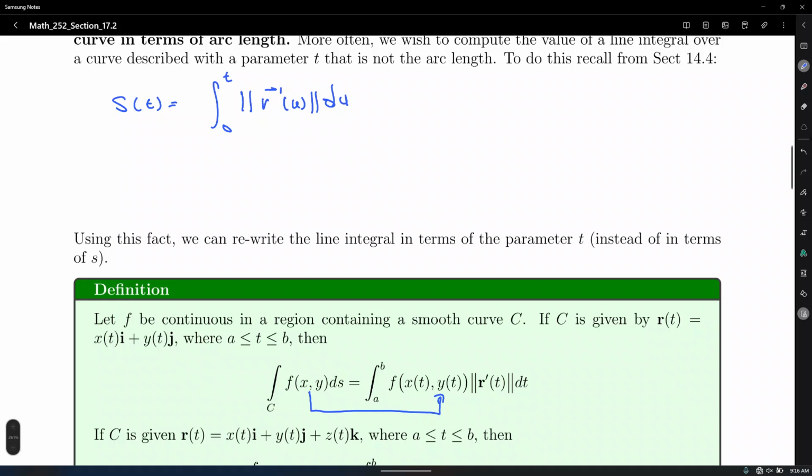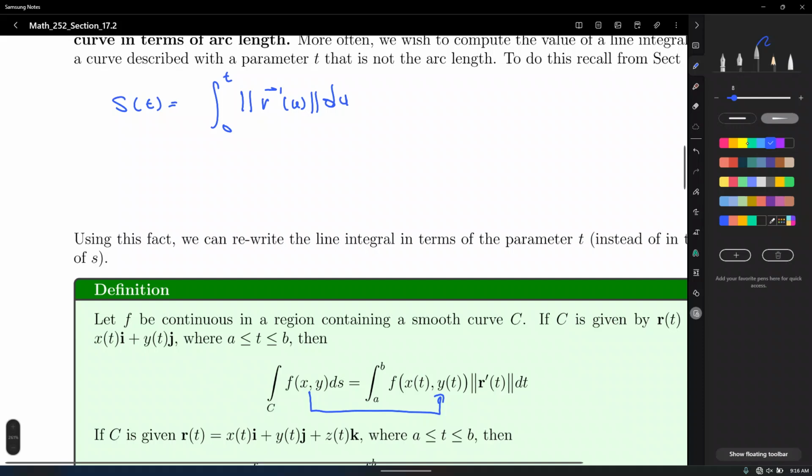How about we take the derivative on both sides? Think of this as an equation and take the derivative on both sides. On the left, ds/dt is simply ds/dt. But what about the right-hand side?